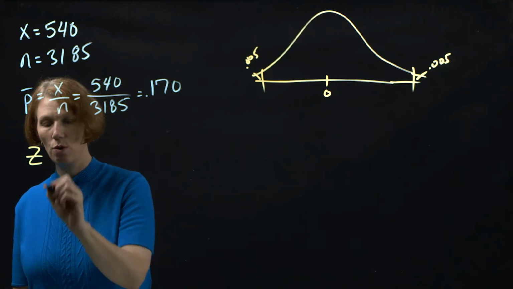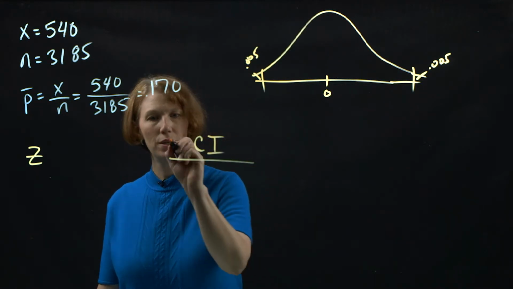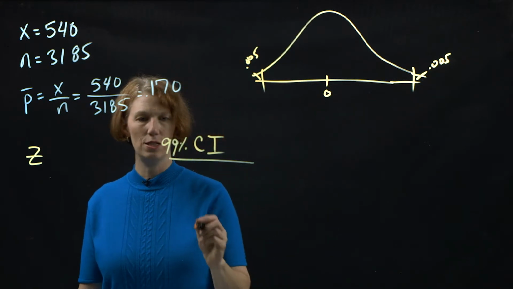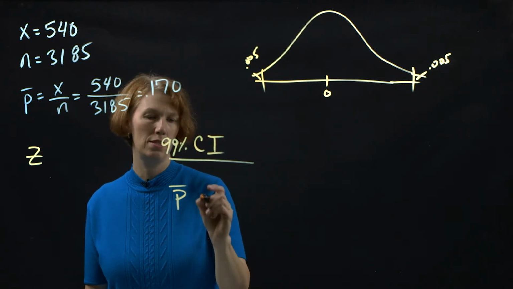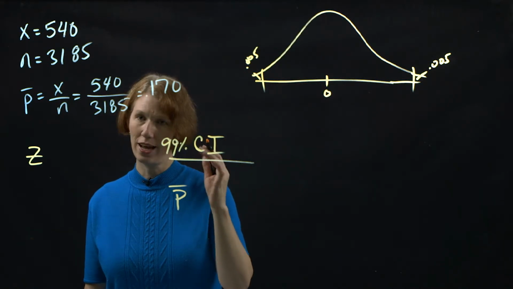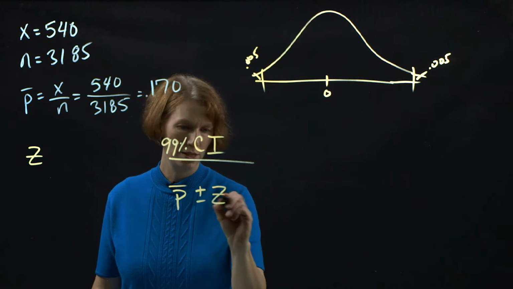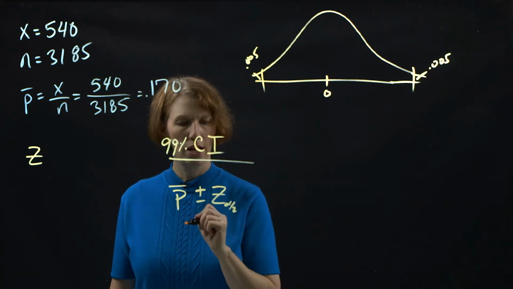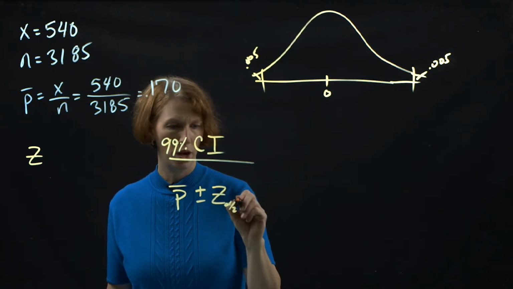All right, so let me come over here and actually write this out explicitly. So again, I like to use shorthand of CI for confidence interval. Our confidence interval consists of three pieces. It consists of our point estimate, P bar, plus or minus our value of z corresponding to our 99% confidence level, which we can denote this way.